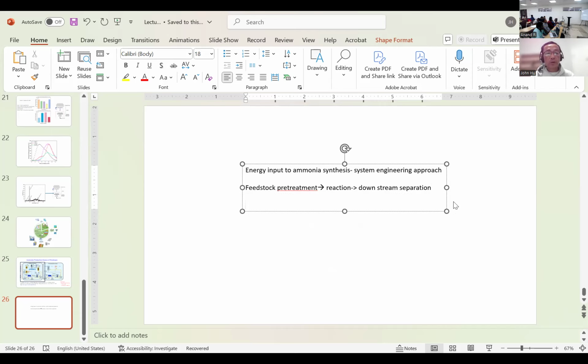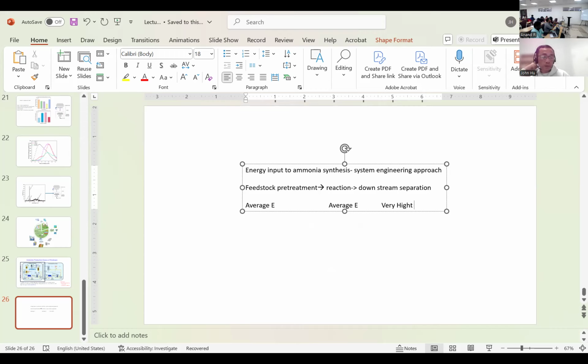So for the Haber-Bosch, I would say this is the average energy, average E, and then if you look at the reaction, I would say average energy. Energy means E. I'm going to break down the energy span. For Haber-Bosch, downstream separation is very high.